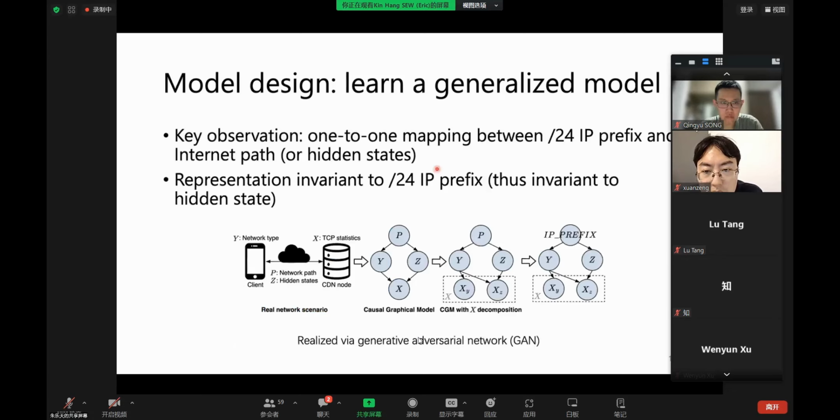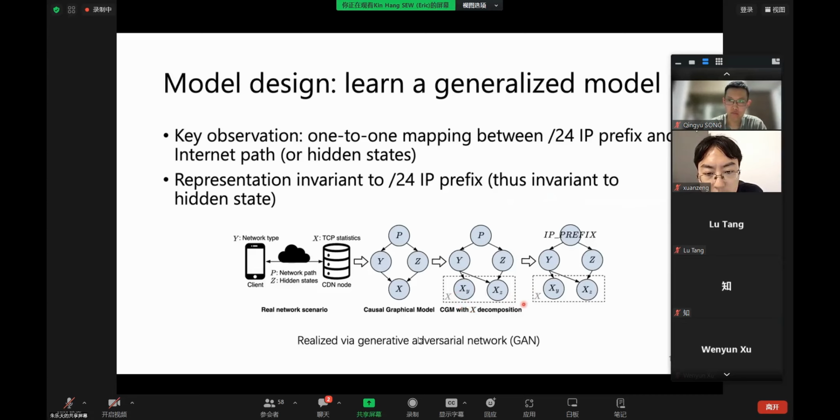There is a key observation to solve this problem. There exists a one-to-one mapping between the /24 IP prefix and the internet path, the so-called hidden states we care about in this case. So we want to find a representation which is invariant to the /24 IP prefix, so it is invariant to the hidden states that we don't want to cause trouble. How can we achieve this? We can decompose the raw data features, which are TCP statistics X, into two parts, denoted by XY and XZ respectively.